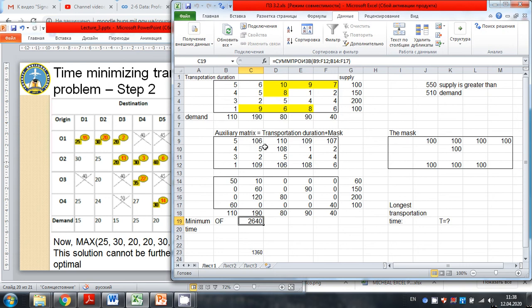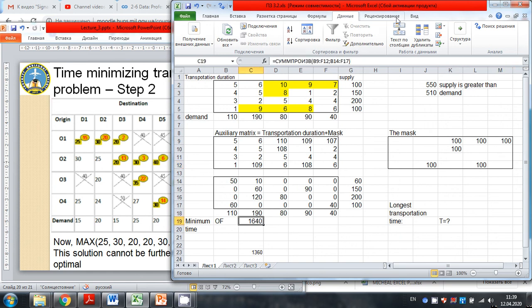Which means that we need to make a step back. Put this 6 back into the solution mix. We make a step back and find another solution.